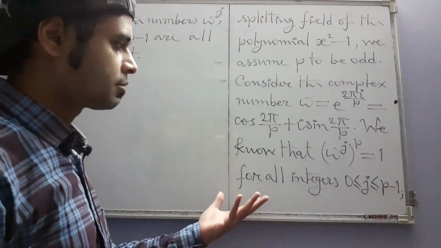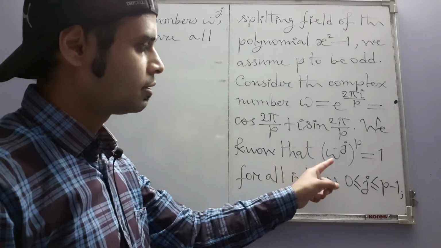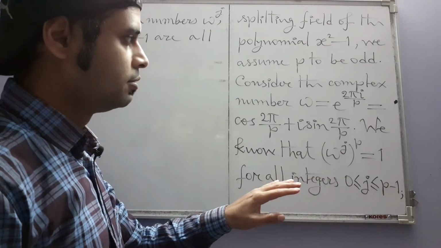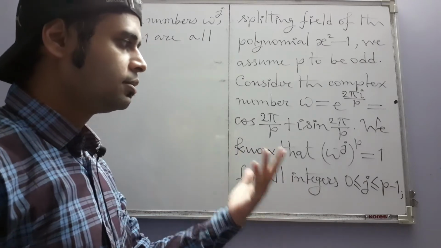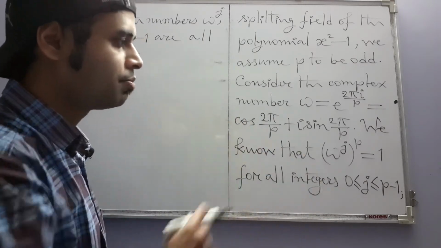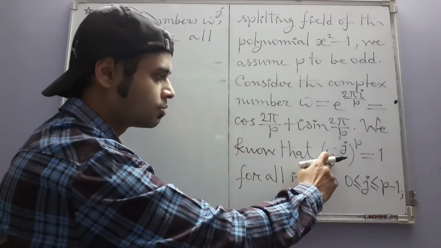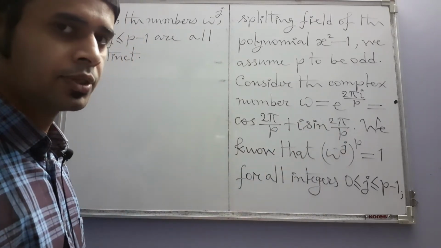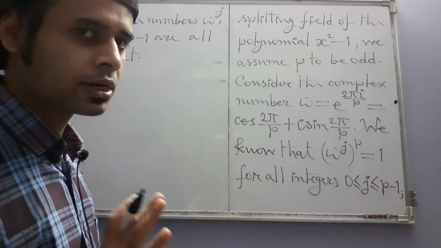So what does this tell us? It tells us that we have found p roots of our polynomial x to the power p minus 1, and those roots are omega to the power j. They are, after all, in general, complex numbers.